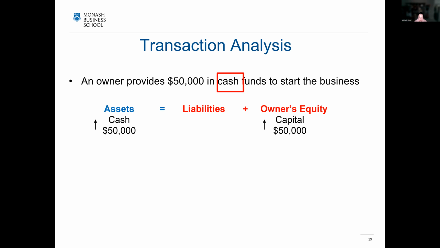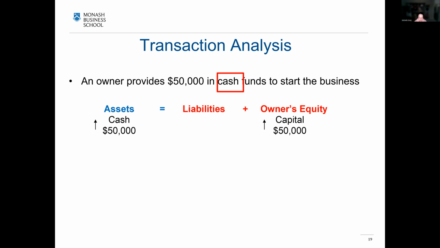The business has received 50,000 cash from the owner. So one of the accounts you have here is cash. Now, as we have discussed earlier, we have to have a second account. The second one is likely to be capital or owner's equity because the cash is coming from the owner.